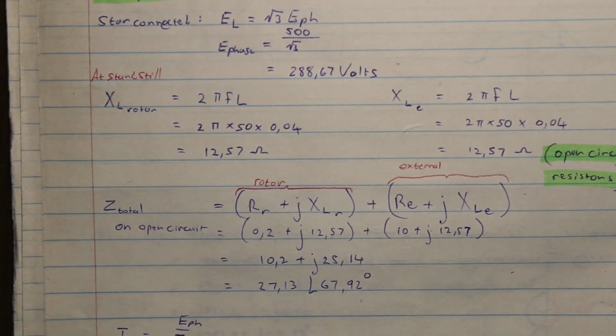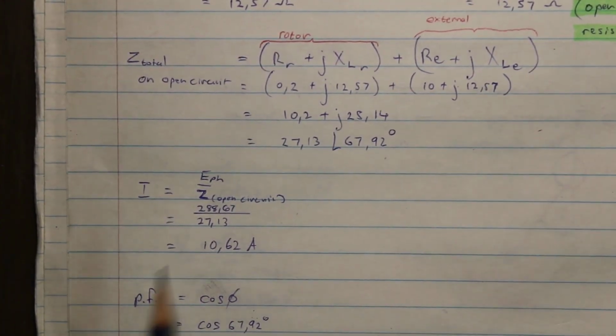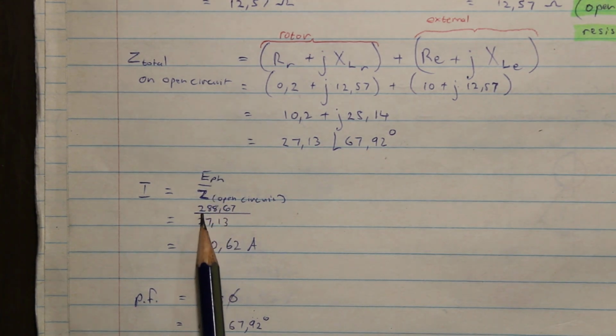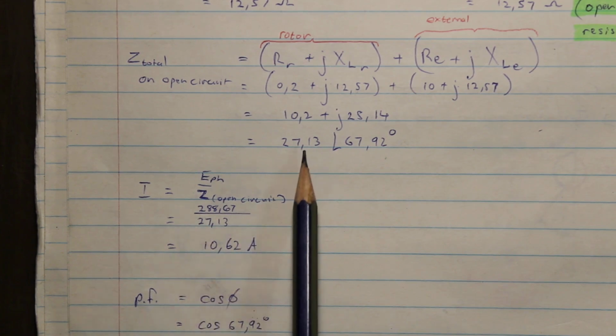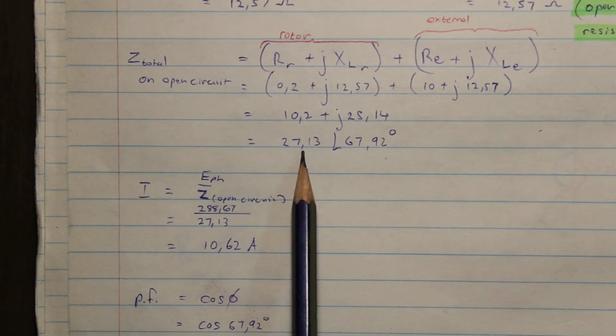Then next we have to work out the current, right? The current for each phase. And that is just the phase voltage, which we got as 288.67, divided by the total impedance. So that's the rotor winding plus the external resistor.